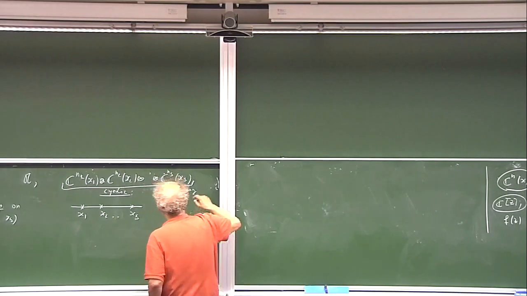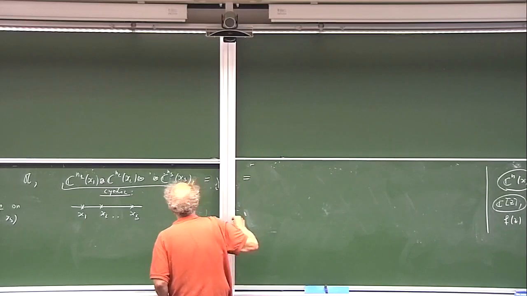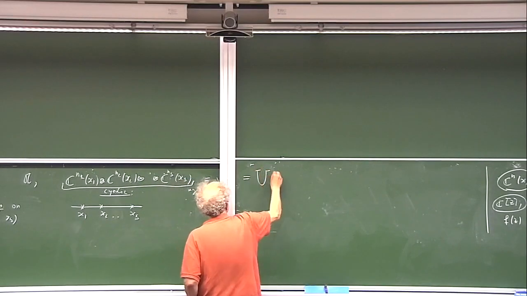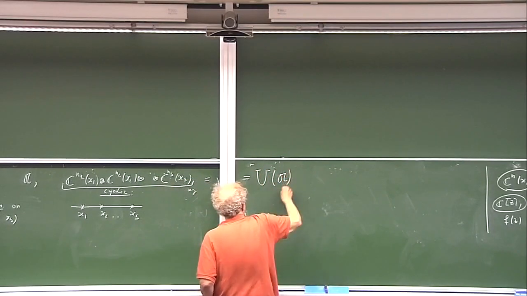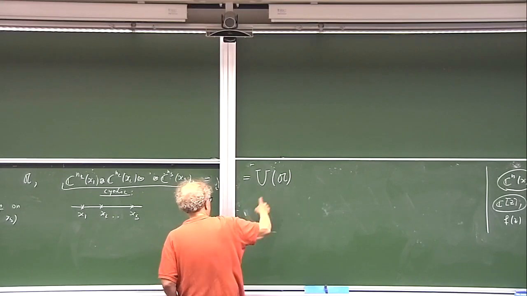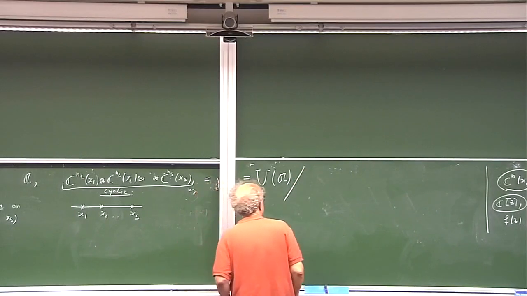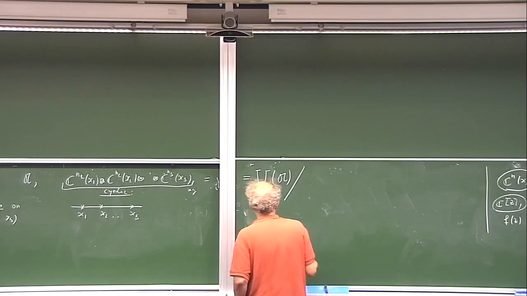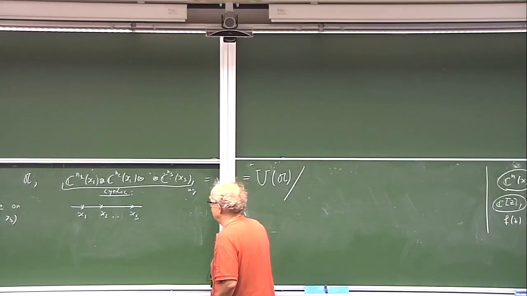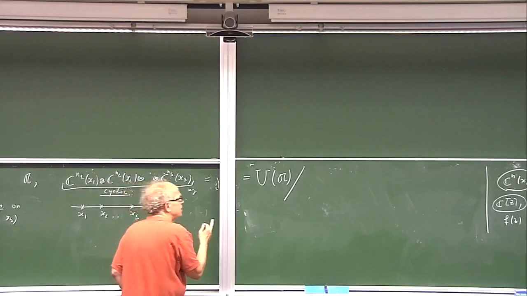And so it means that this representation, because it is cyclic, is a quotient of the commutative universal enveloping algebra of this Lie algebra. And I can factor, because this is a representation and it has a cyclic vector.